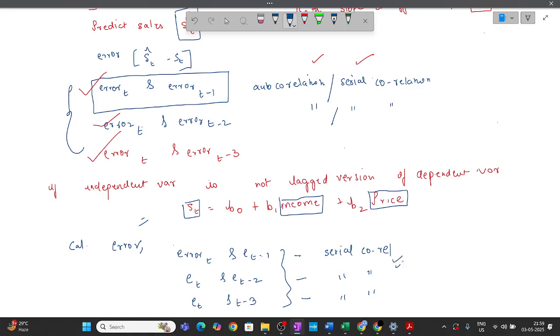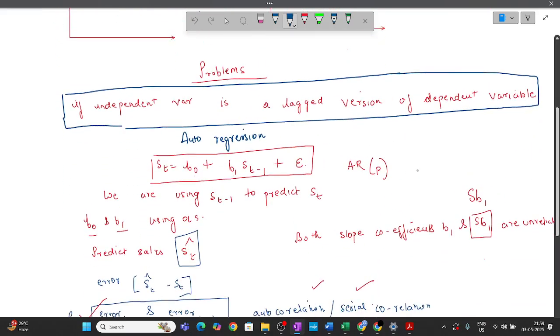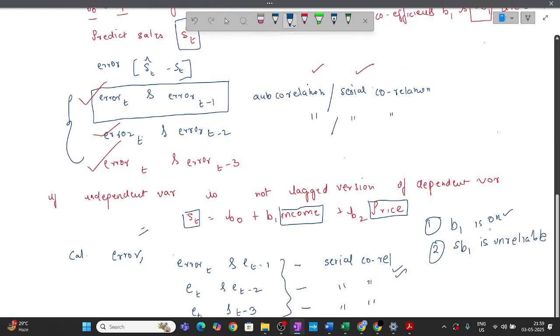So if there is autocorrelation, serial correlation, and the independent variable is not a lagged version of the dependent variable, then b1 is okay, the slope coefficient is okay, the standard error is unreliable. Beta 1 is okay. In the above case, when the independent variable was a lagged version, both were ruined: slope coefficient and standard error were both unreliable. But here, slope is okay but standard error is unreliable when the independent variable is not a lagged version.